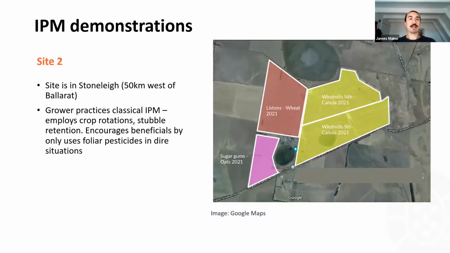We've got a site in West Victoria, 50 k's west of Ballarat, and here we have a grower who's really focused on IPM and avoids foliar pesticides wherever possible. Really keen on enhancing beneficial activity. So again, what's the cost benefit of that kind of approach in his growing circumstance?